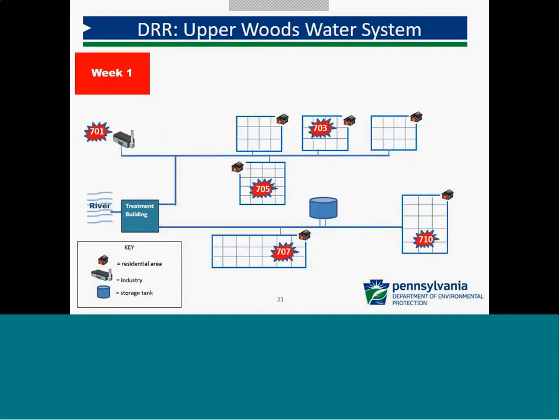Week 1, this is DRR, and now it kind of overlaps with RTCR. Week 1, we said they're heading out and they're doing their RTCR monitoring, and of course they'll grab their DRR samples, or residual measurements, at that same time. So week 1, they cover 5 of their locations. And for this example, I'll then jump to week 3 for now, because that's when they're doing their other coliforms, and we see that they're grabbing their other 5 locations then.